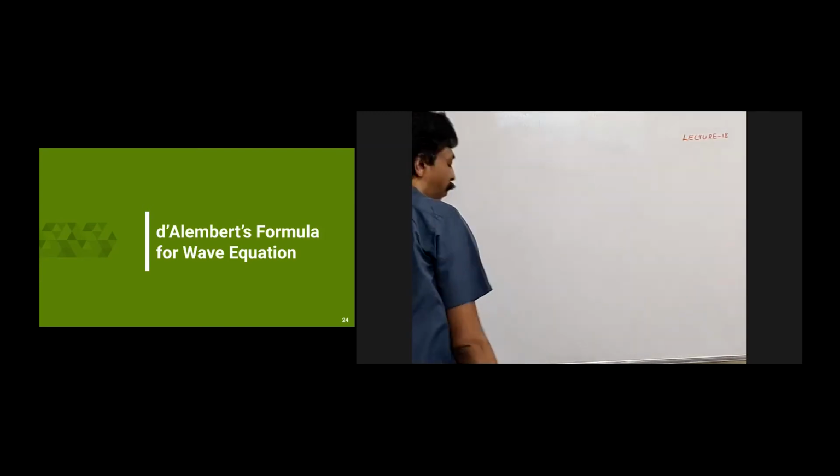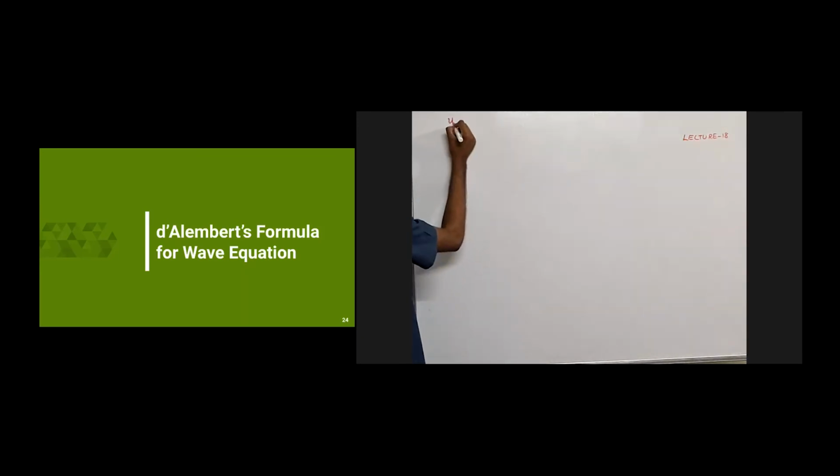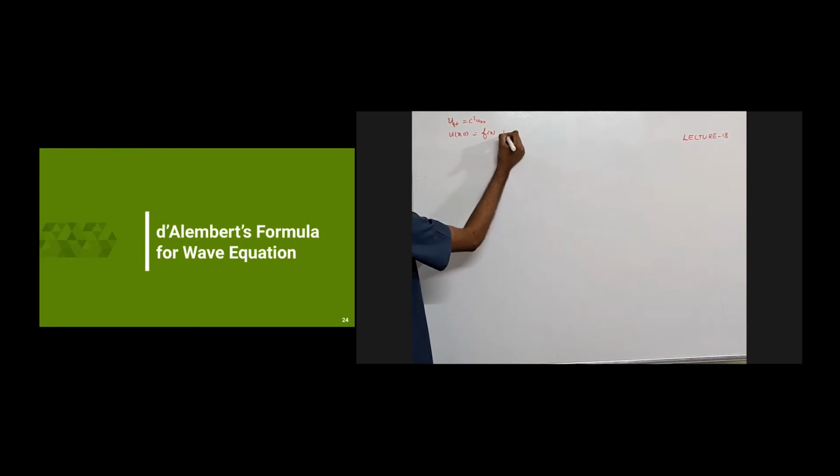So what is my problem? My problem is the same thing. utt equal to c squared uxx, and then I have u of x comma 0 equal to f of x, and ut of x comma 0 equal to g of x. These two are given. For this problem, how do we find the answer? That's what we are going to do now.